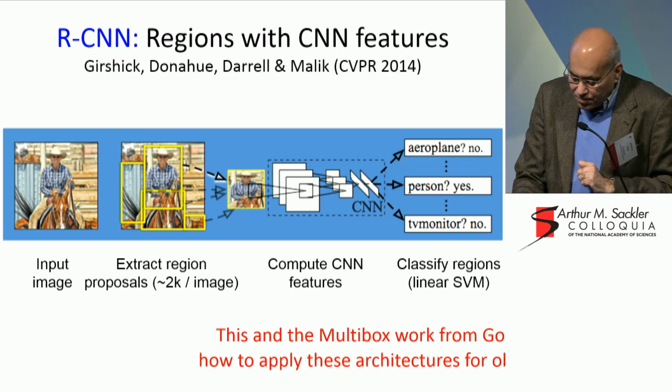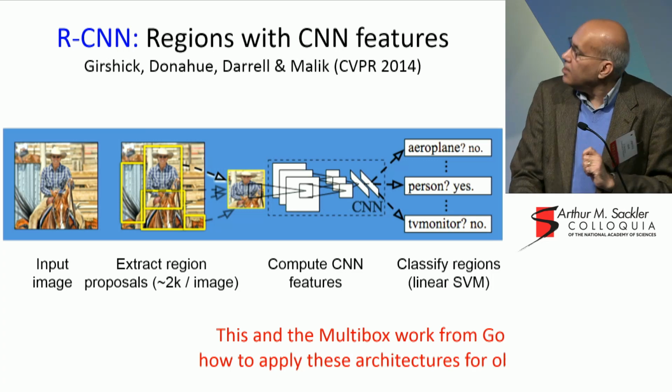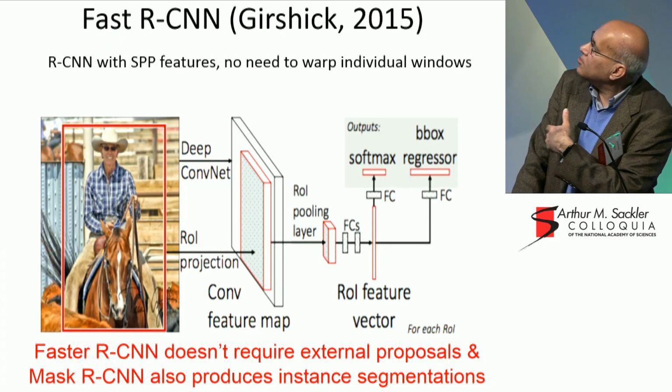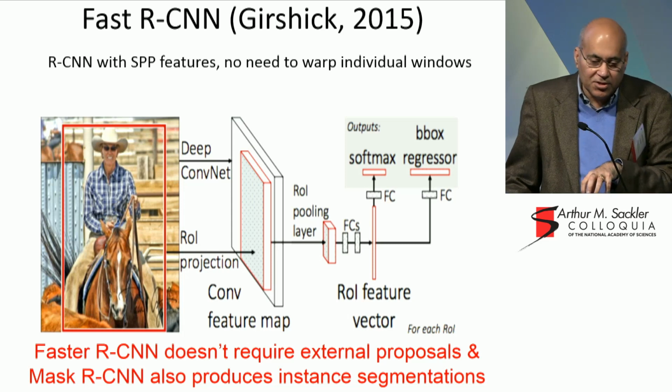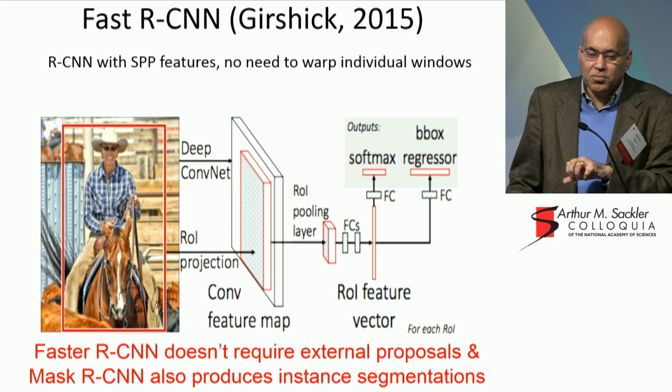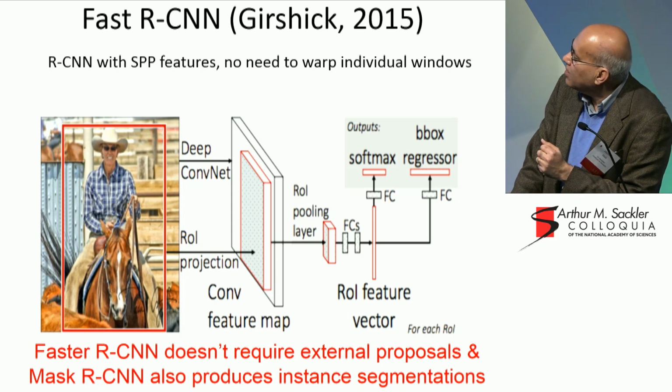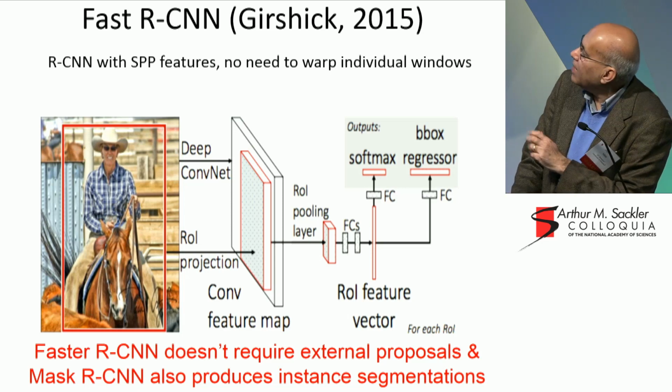Then there were other variations which emerged. There is so-called Fast RCNN, where even the proposals for locations where objects might be were generated by a neural network. And then there is something called Mask RCNN.